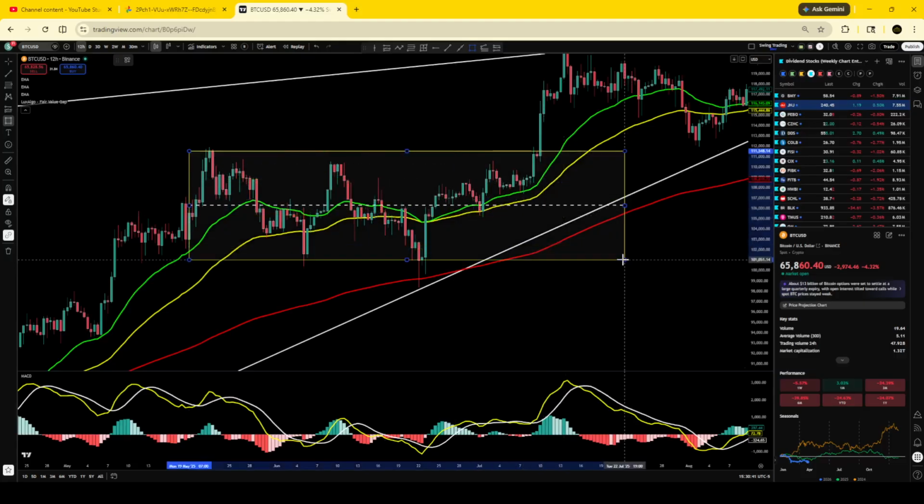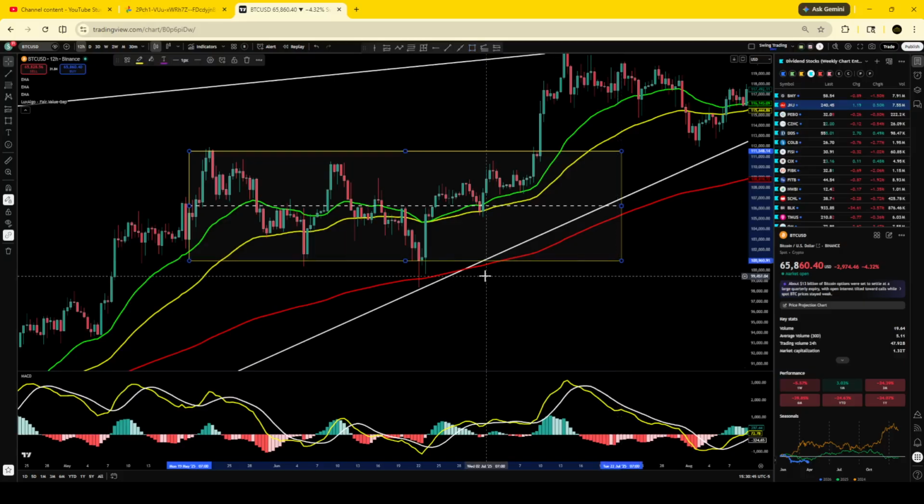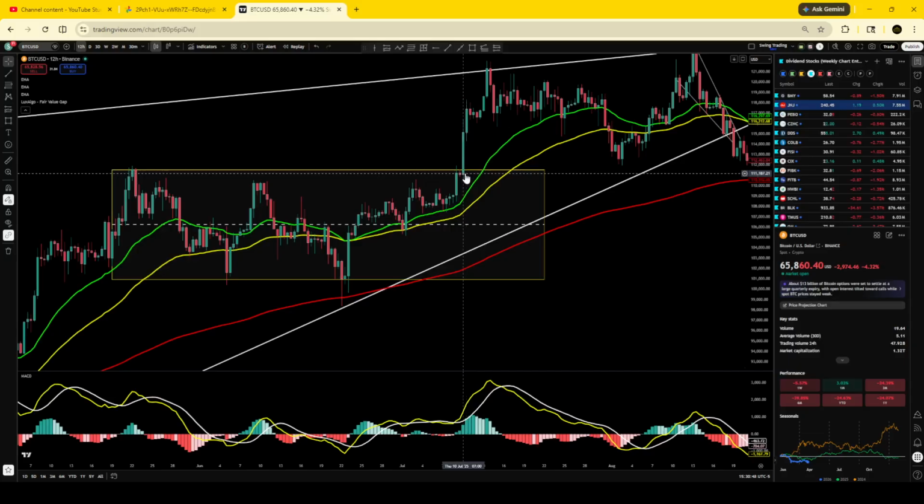Here we go, right here. This is where it broke out, right there. How did I do that? I got the high of the consolidation area and the low of the consolidation area, and I drew a box.